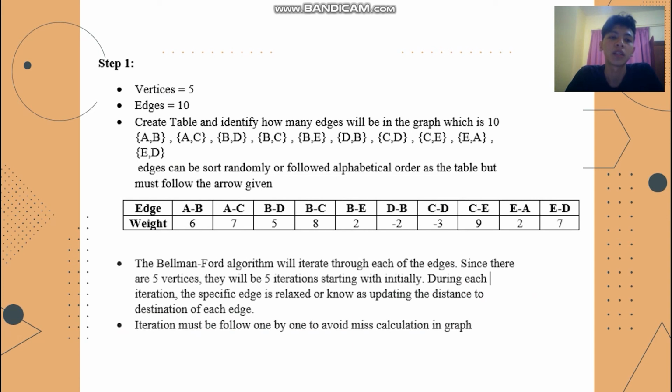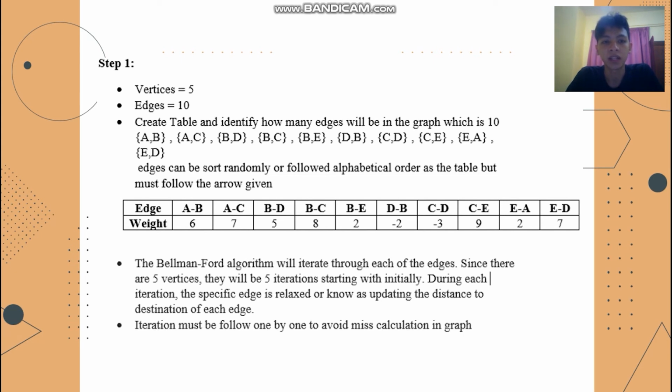Step 1, initialize the information. Vertices have 5, edges have 10, and we need to know the vertex that links with the edges. The edges are AB, AC, BD, BC, DE, DB, CD, CE, EA, and ED.